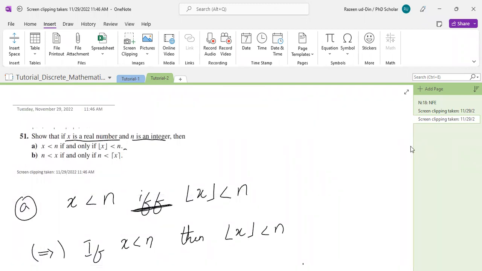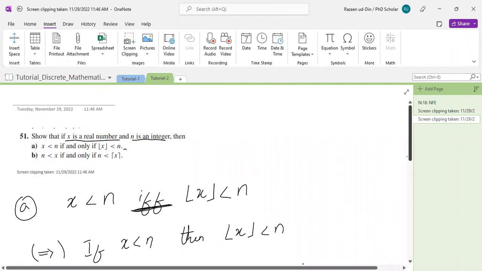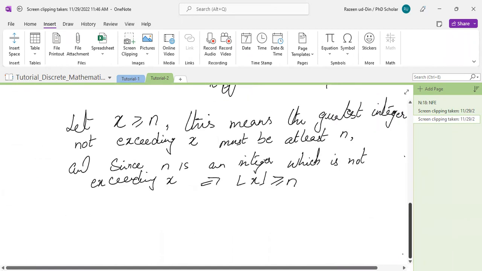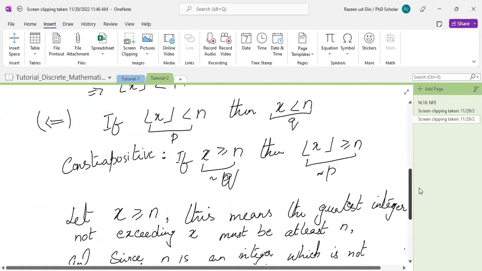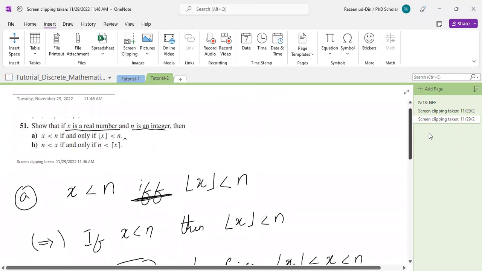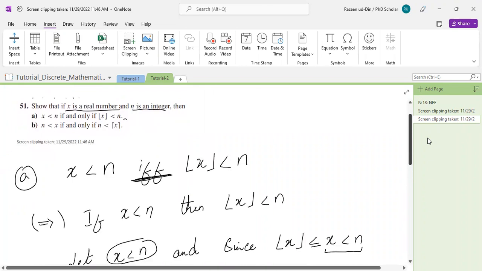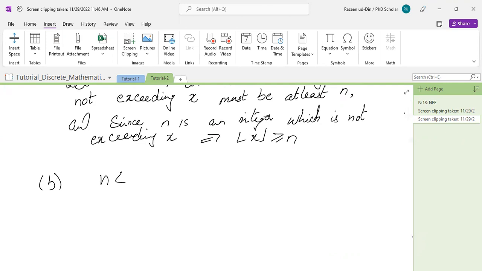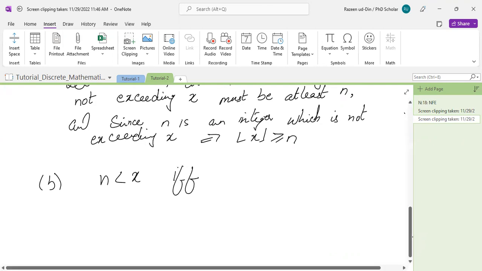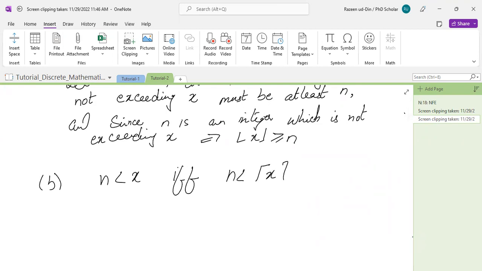The proof of part B follows by the same technique, so you can do it by yourself. Okay, so let's just do it. B, what's the B statement? That n is less than x if and only if n is less than the ceiling of x.